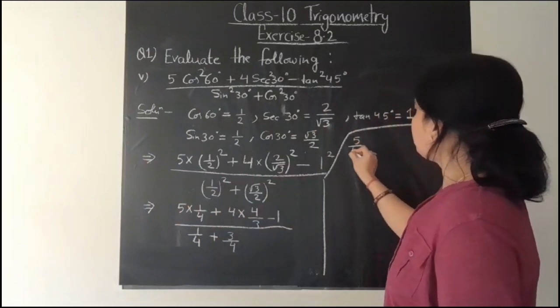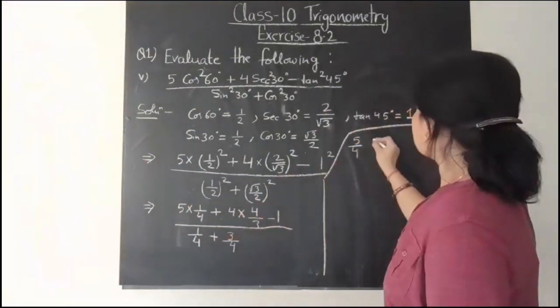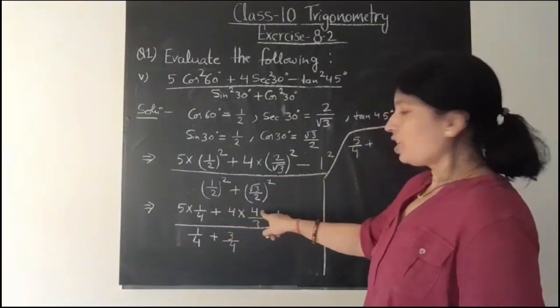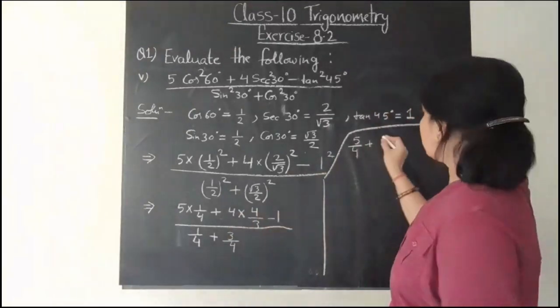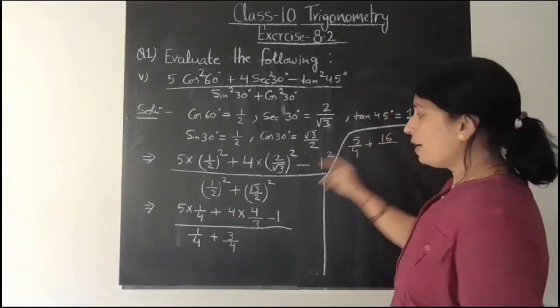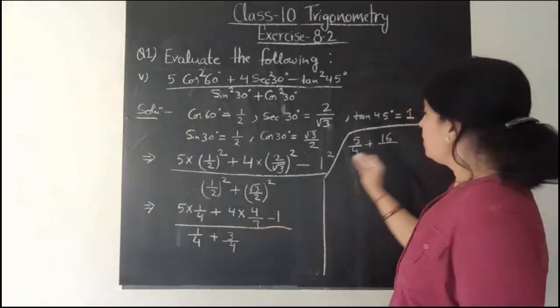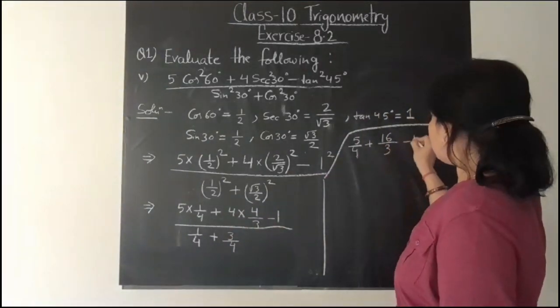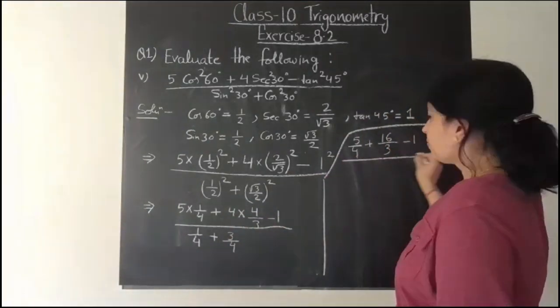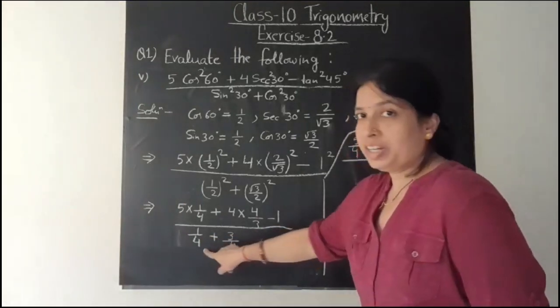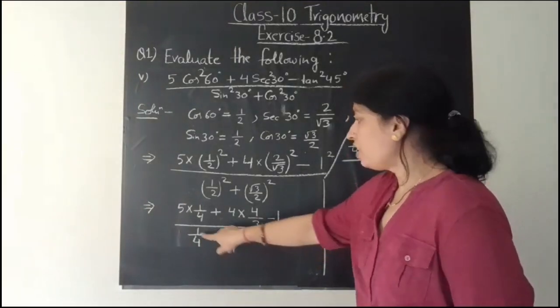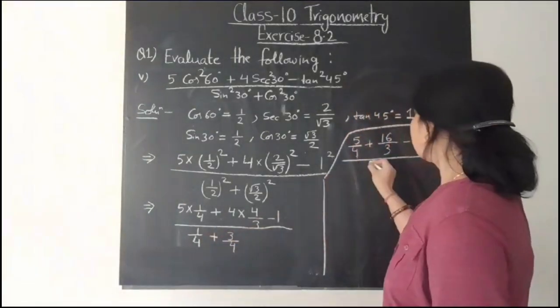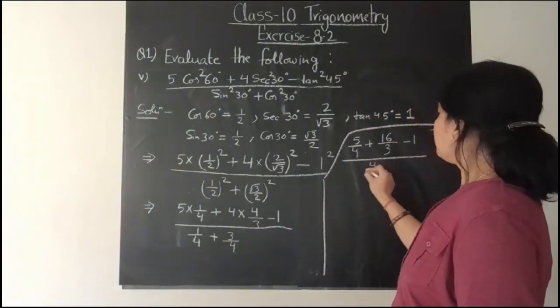So write here 5 by 4 plus 4 4 ja 16, yes, 16 divided by, here it is 3. So write here 3 minus 1. Here it is 4 4. Denominators are same. They are like fractions. Add 3 plus 1 is 4. 4 by 4.